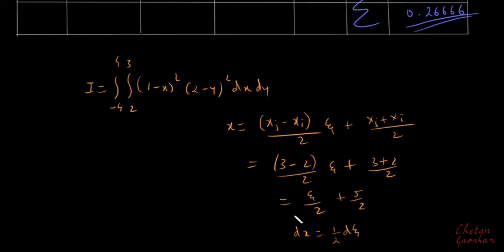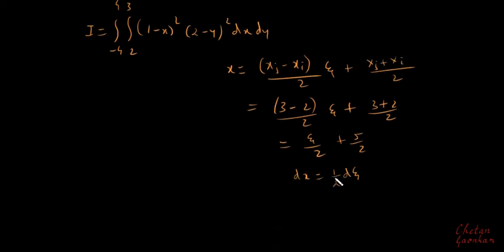So what I basically need to do is, wherever there is an x term, substitute x as xi by 2 plus 5 by 2, and this has taken care of the x coordinate. But there is one more coordinate here, the y coordinate, and I need to do the same thing. y will be (yj minus yi) by 2 times the natural coordinate eta plus (yj plus yi) by 2.